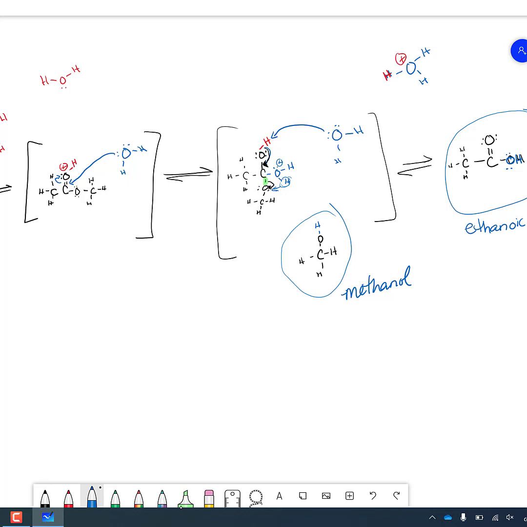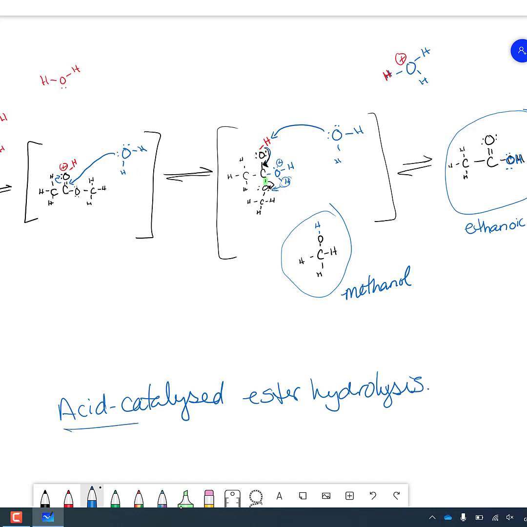And so this was the acid catalyzed ester hydrolysis. And I'm specifying acid catalyzed because, of course, next we'll do a base catalyzed.